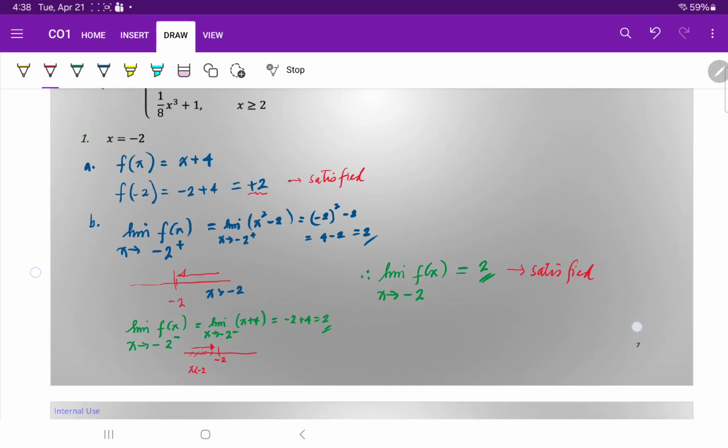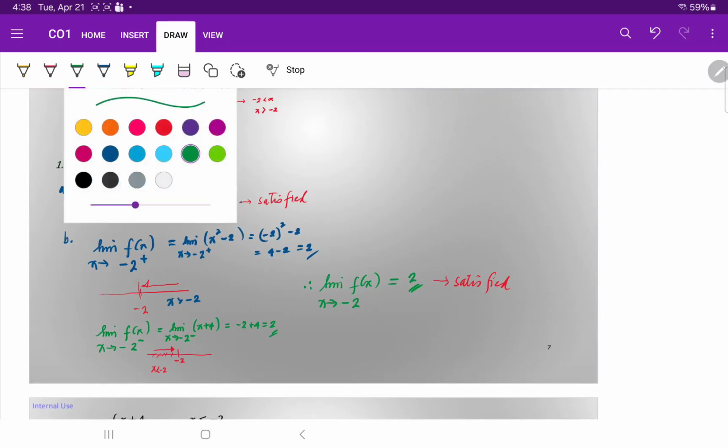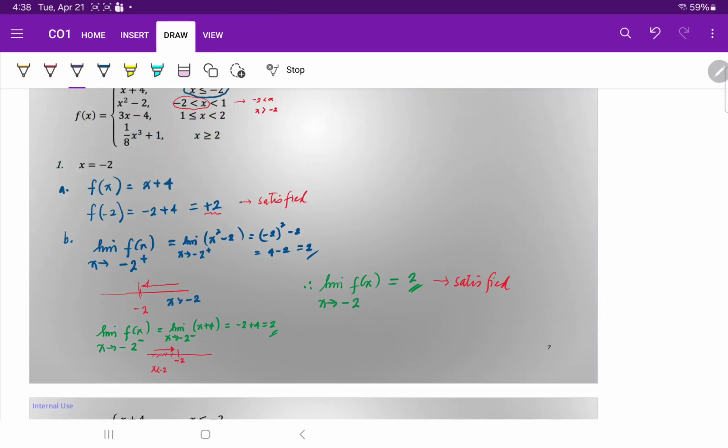Now, what's the third condition? So for letter C, we should have what? f of c must be equal to the limit, or the two-sided limit. So, what is our f?